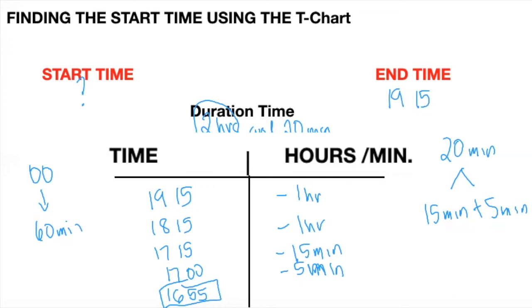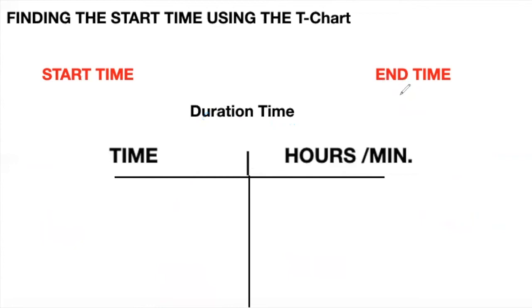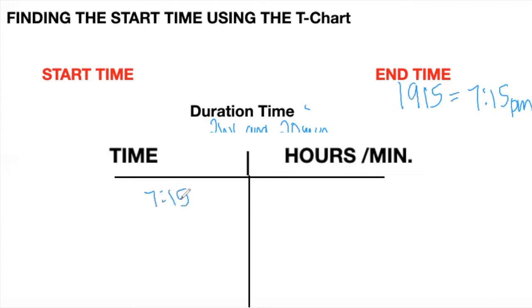So the 1915 can be written as 7:15 p.m. And still we have 2 hours and 20 minutes for our duration time. So we can use the 7:15 instead. Same process. We subtract 1 hour first. So that will give us 6:15. Then another hour, that gives us 5:15.